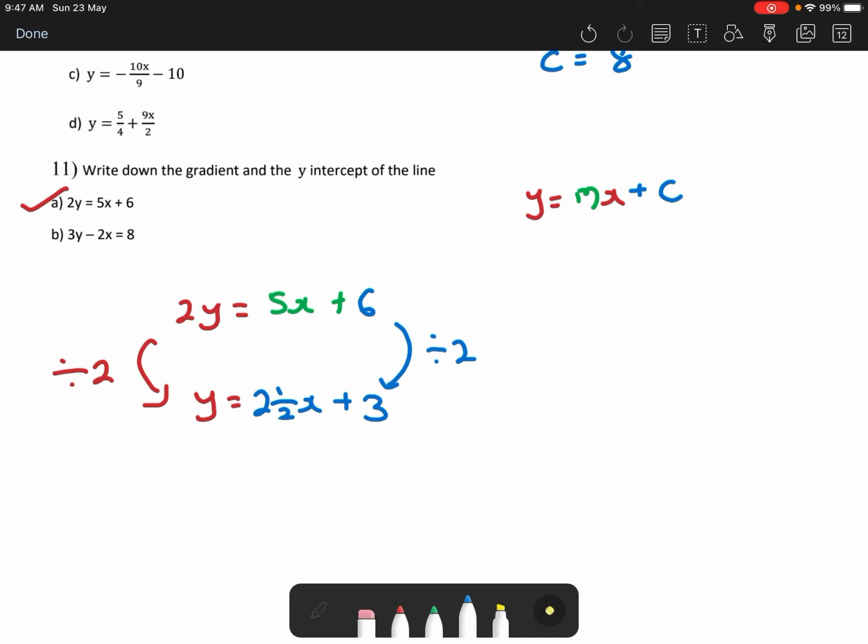Now we get the general form of y equal to mx plus c, and my gradient m will be 2.5. And my c will be 3, my y-intercept. Okay, so this is basically the summary of what we learned last week.